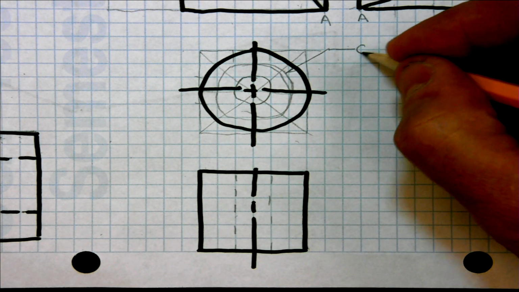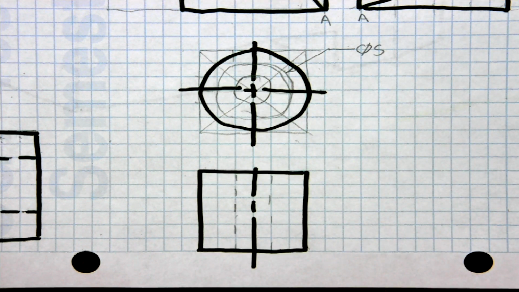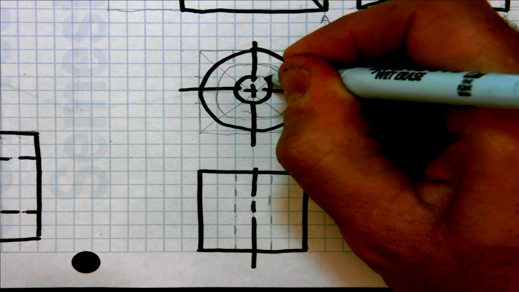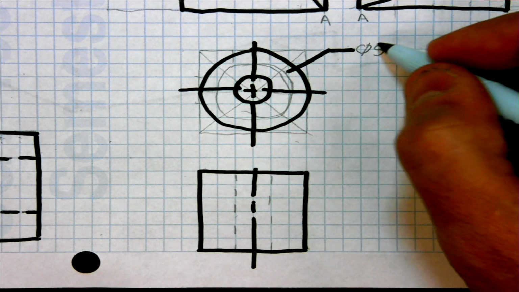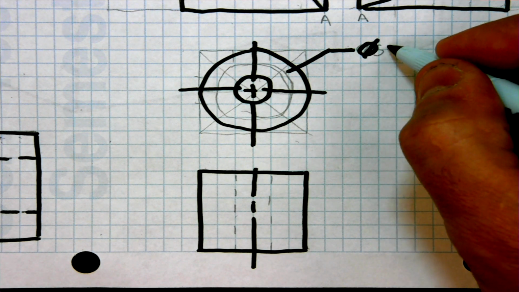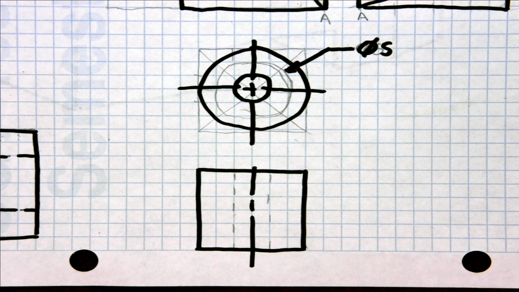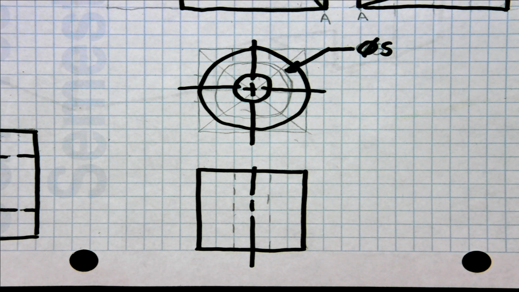I'm going diameter of size. That's a small hole, diameter size on that small hole. Now again, if there's no depth symbol below that, you're assuming that that hole goes all the way through. It's not blind, it goes all the way through.